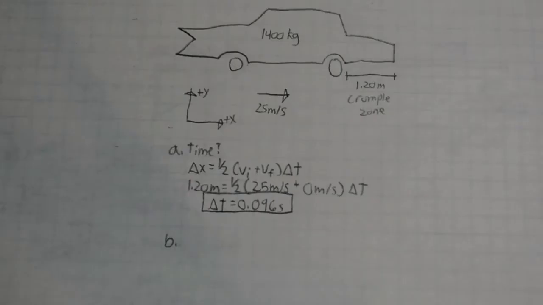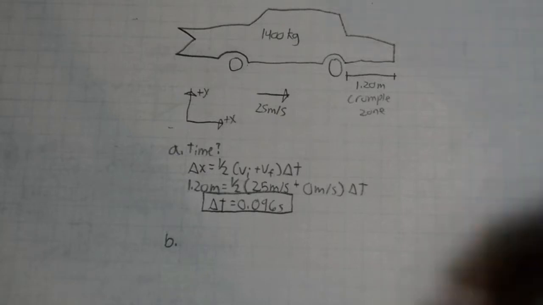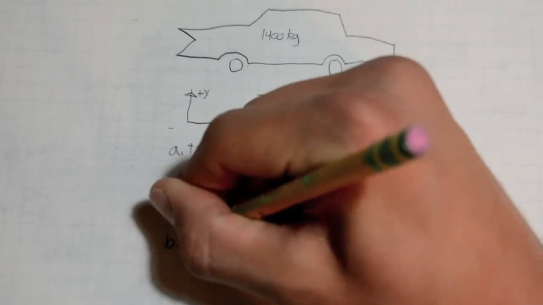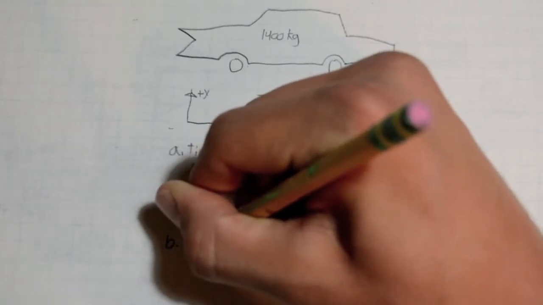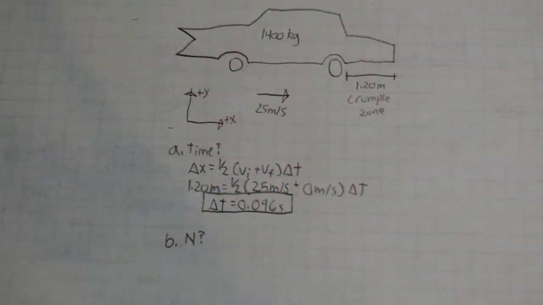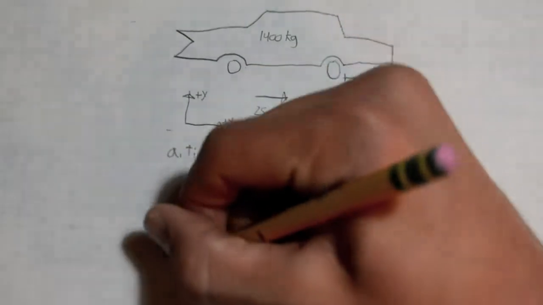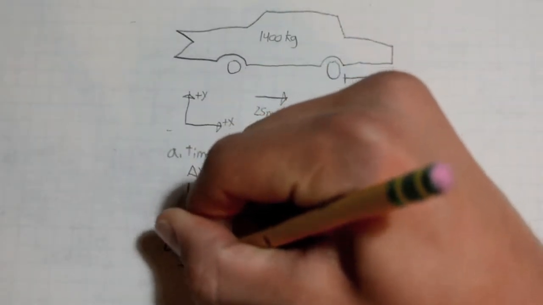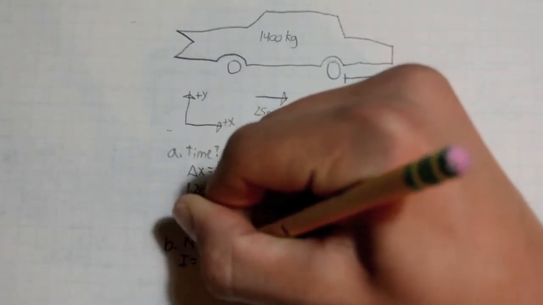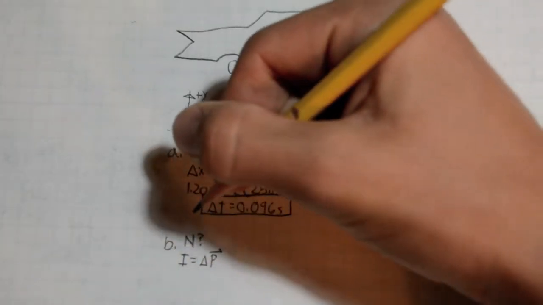So part B is asking for the magnitude of the average force on the car. They want their answer in newtons because that is the force. This problem has different steps. First, what we need to do is solve for impulse, and I'll write the equation right now. Impulse equals delta momentum.